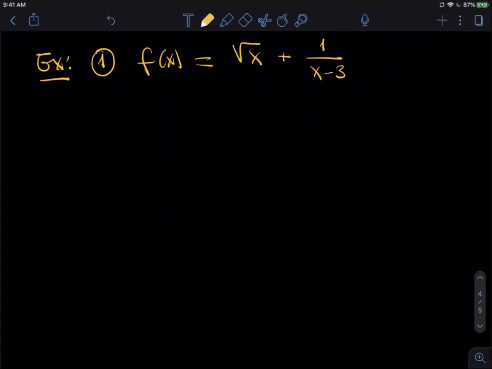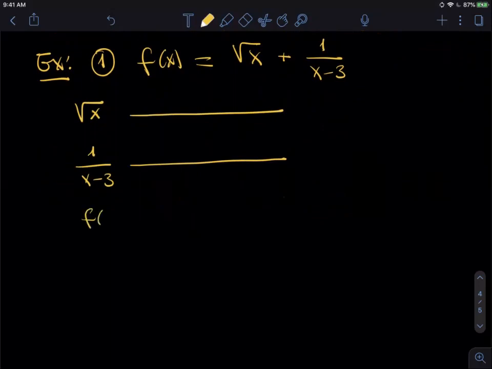There is the square root and then there is the fraction. So let's treat each of those separately. What I usually do, I draw a line for each of the domains. So now, let's say this is 0 here.